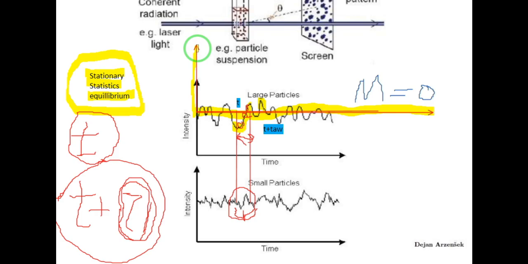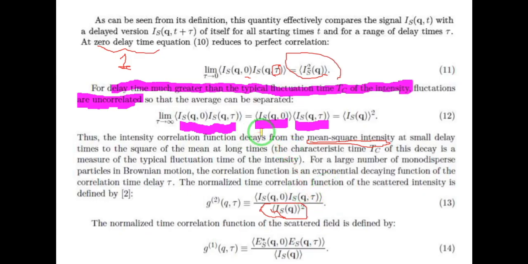So now you see that due to the system equilibrium, due to the stationary statistics, the average value at time 0 and at time tau, the delayed time, they are both the same.